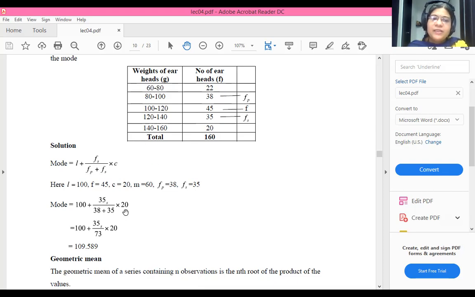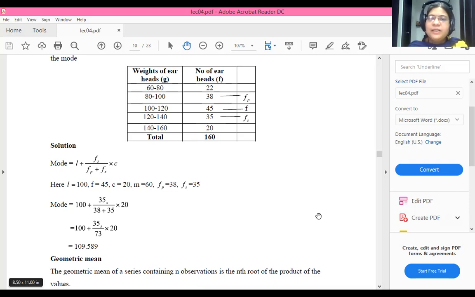So 100 plus 35 divided by 38 plus 35 into 20. So your answer is 109.589.